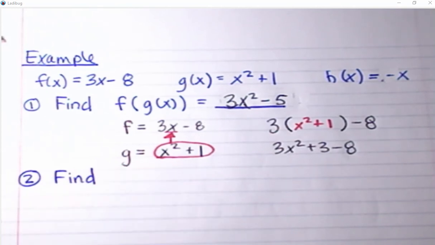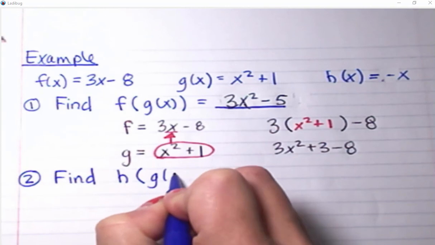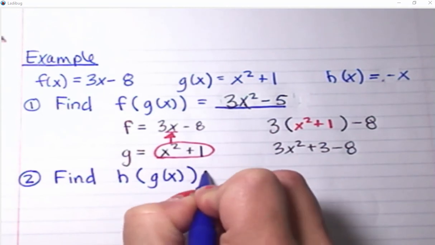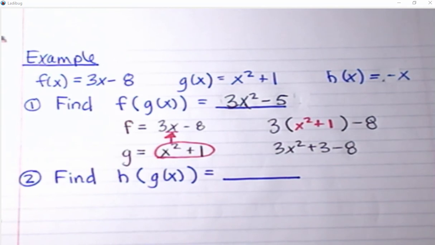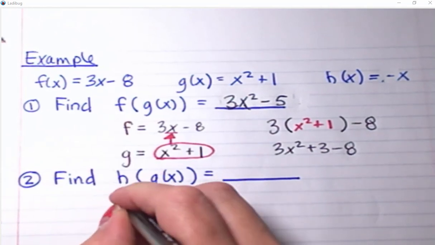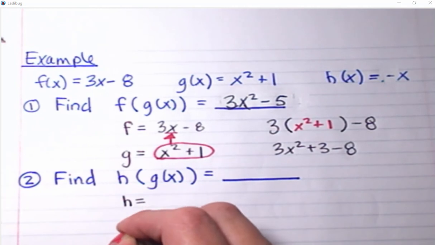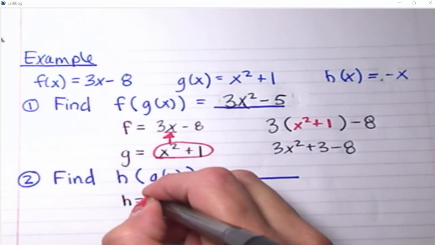Find h of g of x. This time I put h on the outside. So I'm going to start on the outside, and I'm just going to copy those two functions, h and g, down.